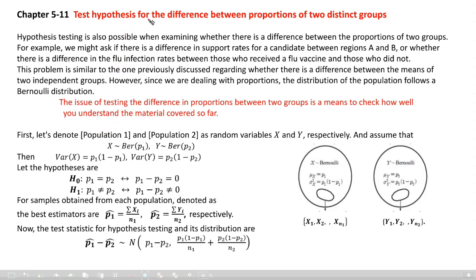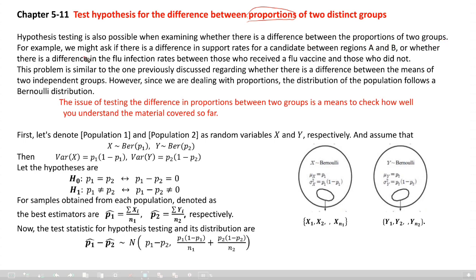Test the hypothesis for the difference between proportions of two distinct groups. Instead of means, now we're dealing with proportions. What is proportion anyway? Proportion comes from the population of a Bernoulli distribution. Hypothesis testing is also possible when examining whether there is a difference between the proportions of two groups.